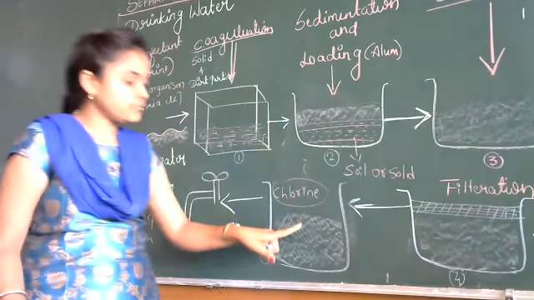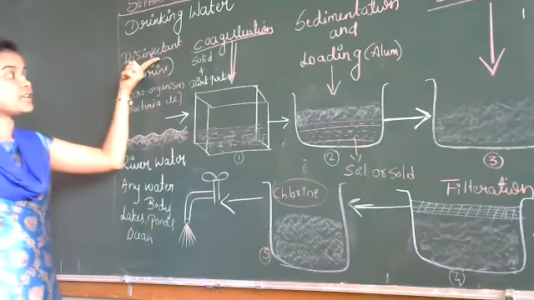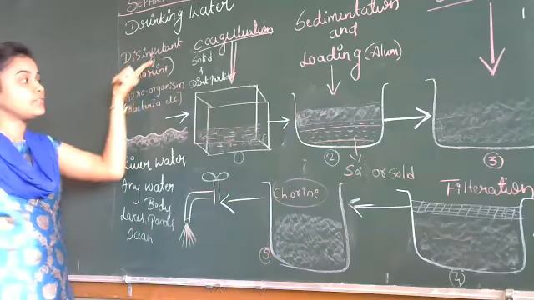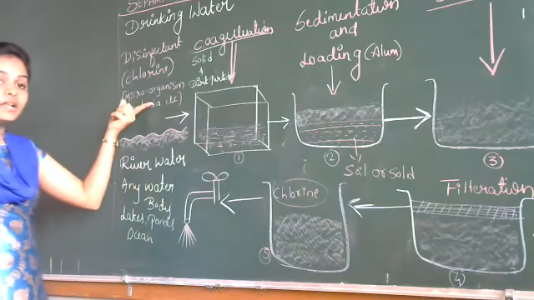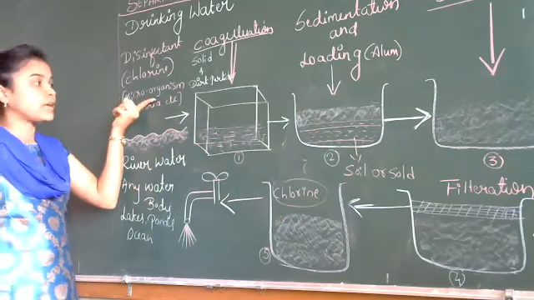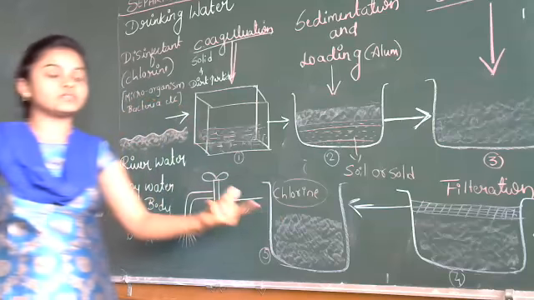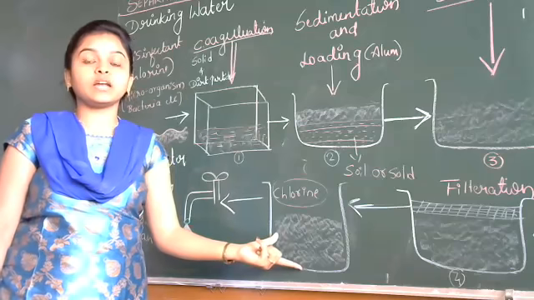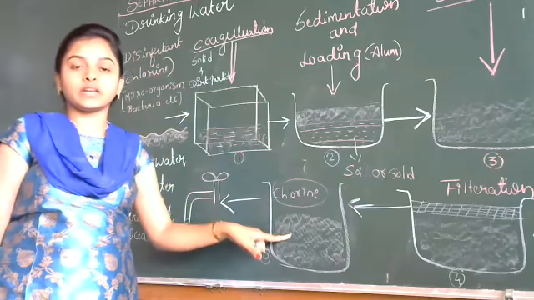So here in the fifth tanker, the disinfectants are those which are added to the water to kill or remove microorganisms and bacteria present in that water. Here we are using chlorine disinfectant to kill that bacteria.